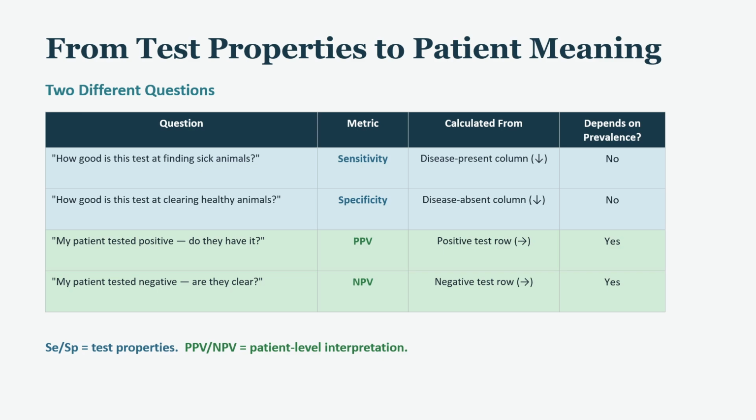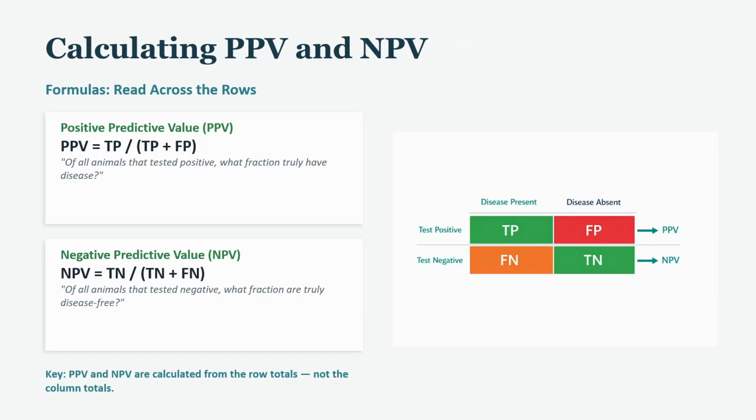These are the questions your clients are actually asking, and these are the numbers you need to be able to calculate and explain. Formulas are straightforward once you remember the direction of the calculation. PPV and NPV are calculated across the rows, not down the columns like sensitivity and specificity.